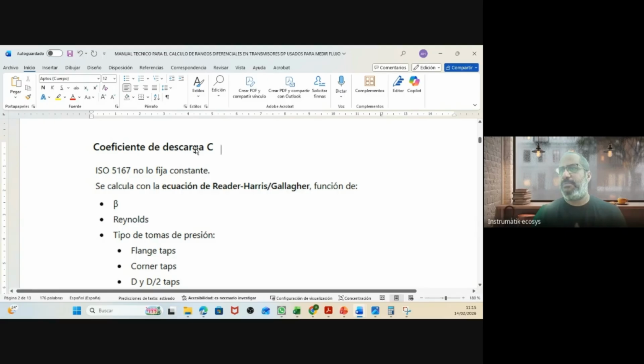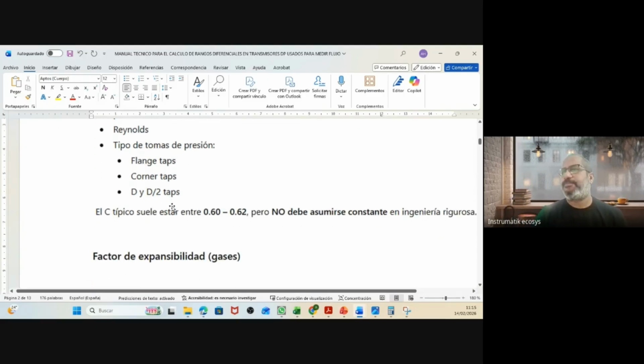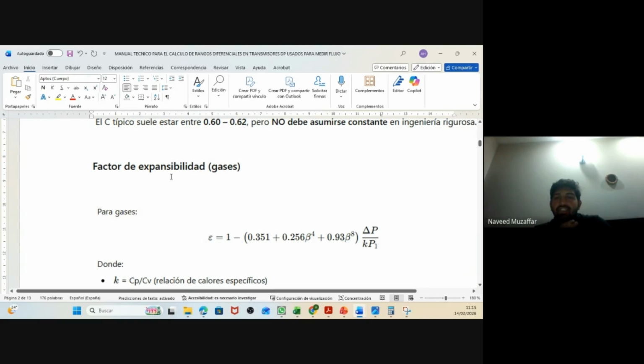It's not fixed by ISO, but it's calculated. Or when you don't know this parameter, you can just estimate it. To start the calculation, you can use an approximation, and then you can adjust it later.